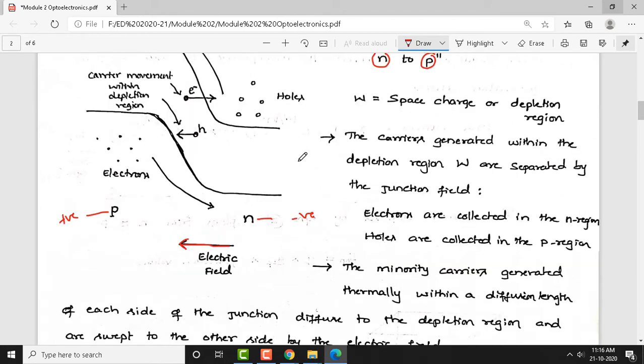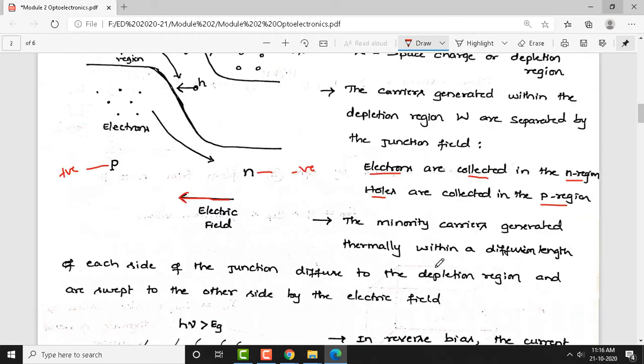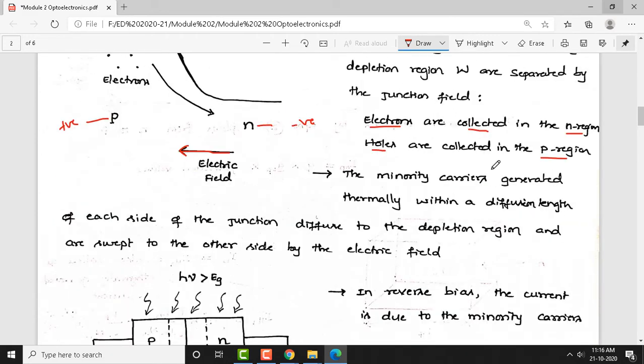So the strong electric field causes the electrons to be collected in the n region and holes to be collected in the p region. This is what the strong electric field in the depletion region does. The minority carriers generated thermally within the diffusion length of each side of the junction diffuse to the depletion region and are swept to the other side by the electric field.